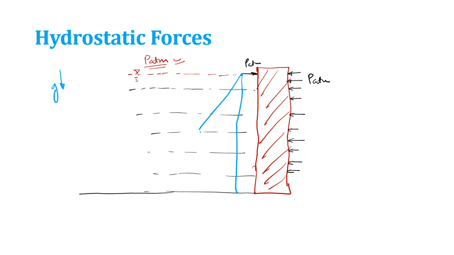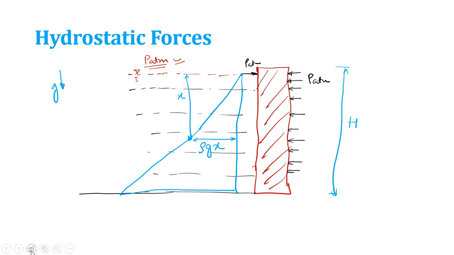So for example, if I want to find pressure here, which is at a distance x from the free surface, then this value will be rho g into x. Okay, and let's suppose the height of this so-called wall is capital H. So the pressure here will be rho g into capital H. This will be the P ATM.